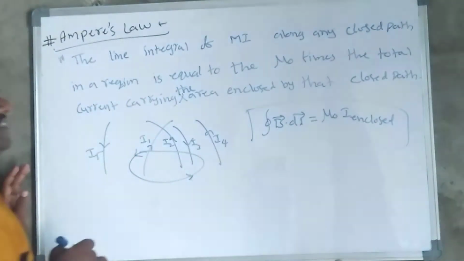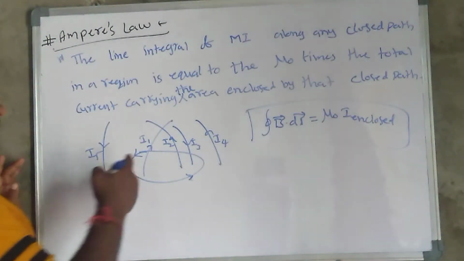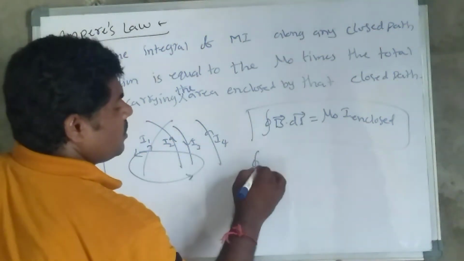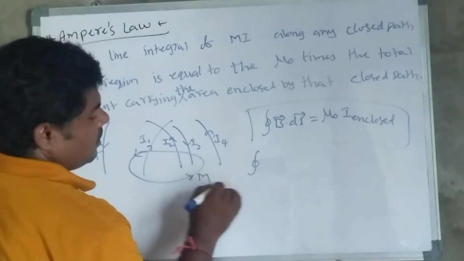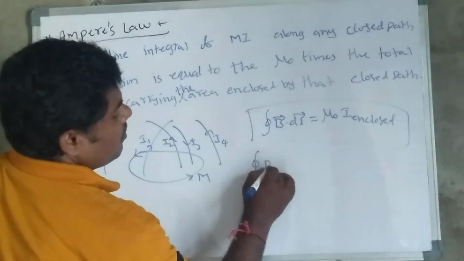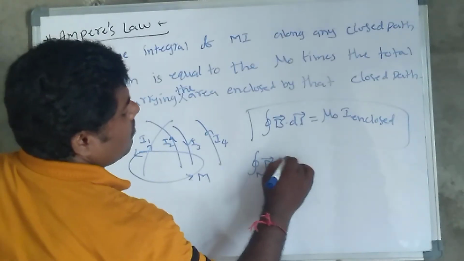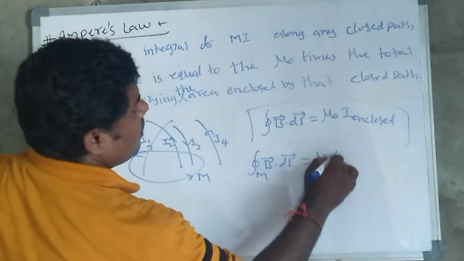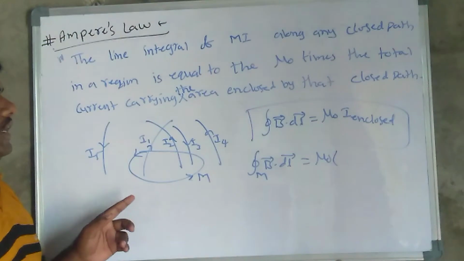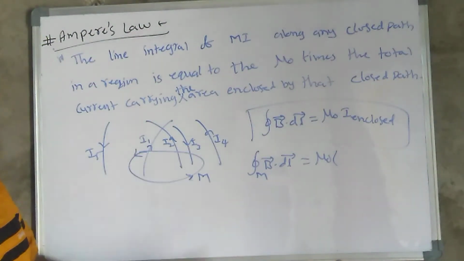This is called Ampere's law. So according to this diagram, the closed integral of B dot dl is equal to mu naught times I enclosed, which is nothing but I1 plus I2 minus I3.